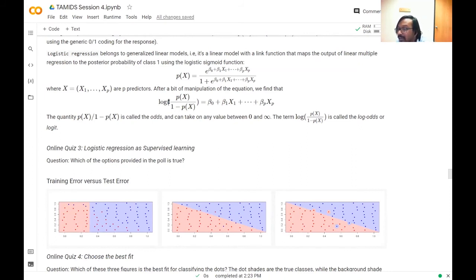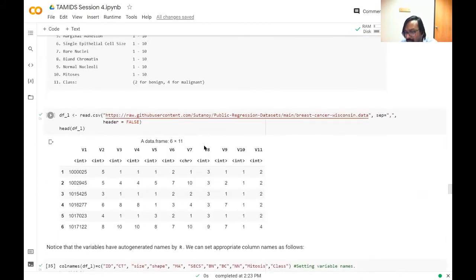So if you use the predict function without mentioning anything else, it's going to return the log odds as the predicted values, which is not something that we want. We want to work with the probability that the response is equal to 1. We want to work with the actual predicted values, whether we come to a decision that the tumor is malignant or not. We do not want to work directly with the log odds usually.